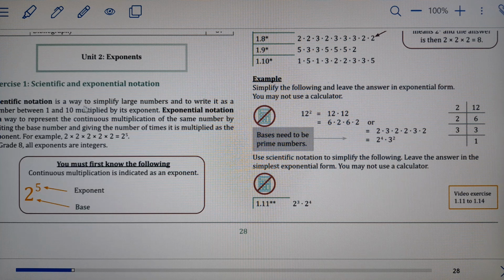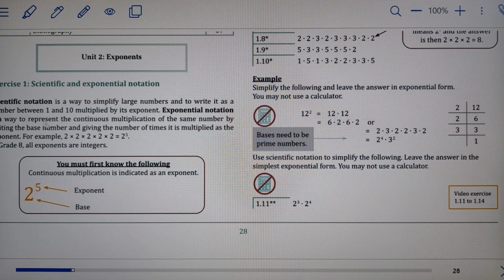We express large numbers by writing them as a number between 1 and 10 multiplied by its exponent.